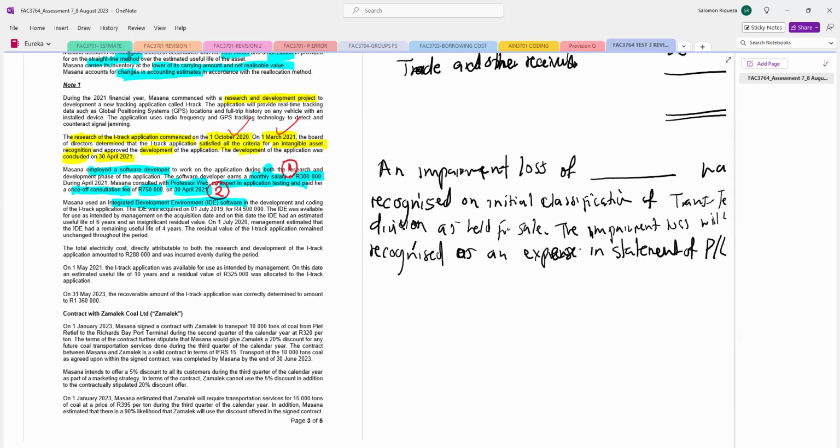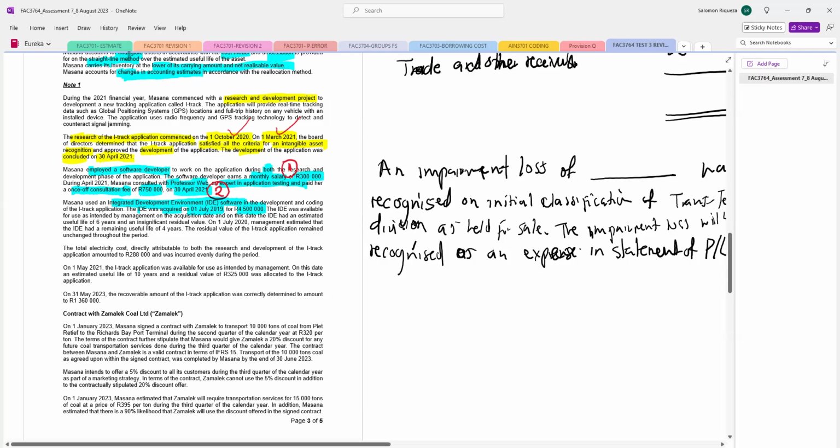Okay. Right. The development and the coding of the iTrack application. The IDE was acquired, very important. So the IDE was acquired on 1 July 2019 for an amount of 4.5 million.